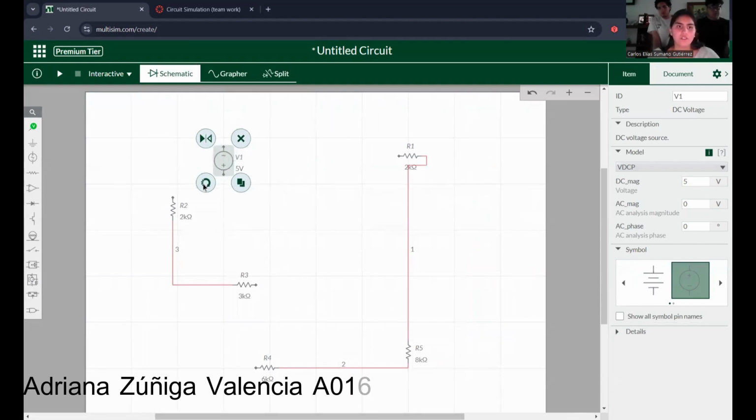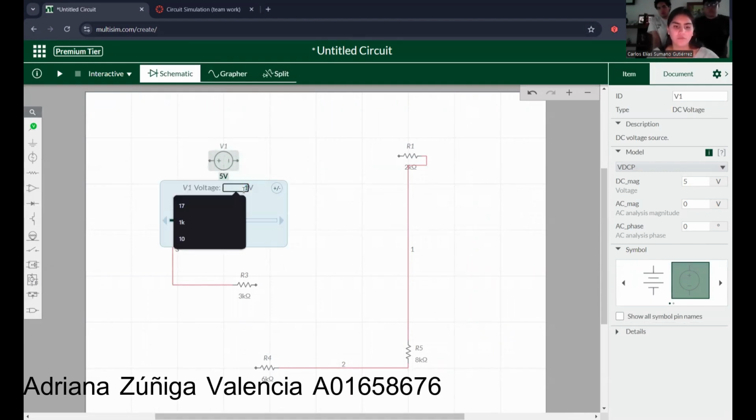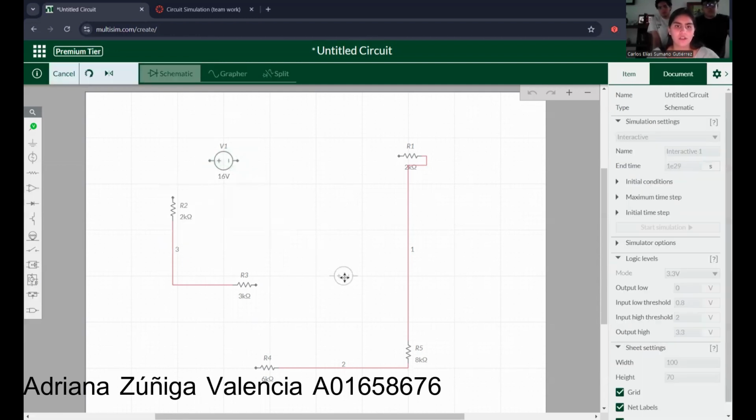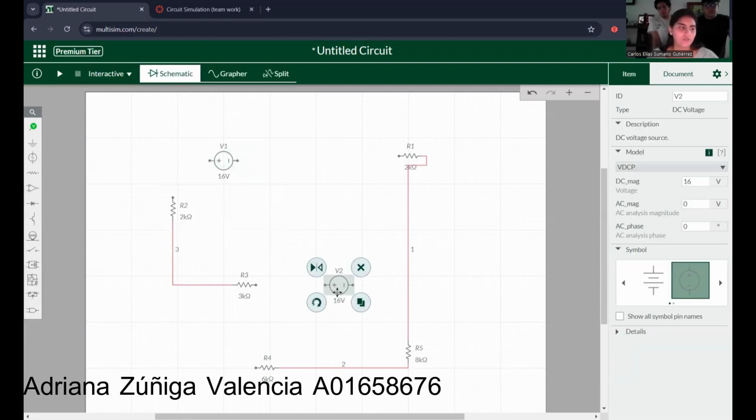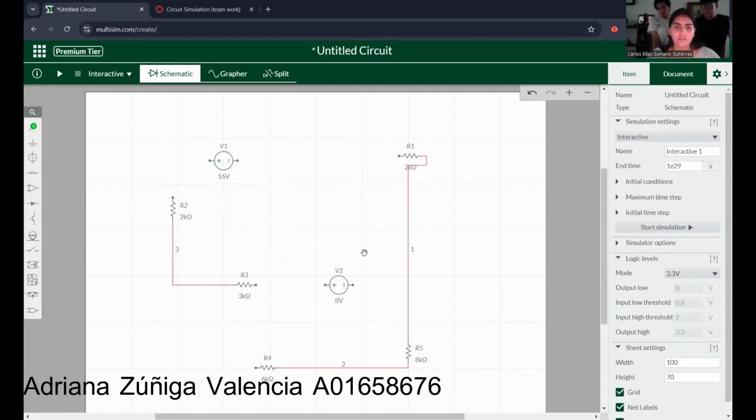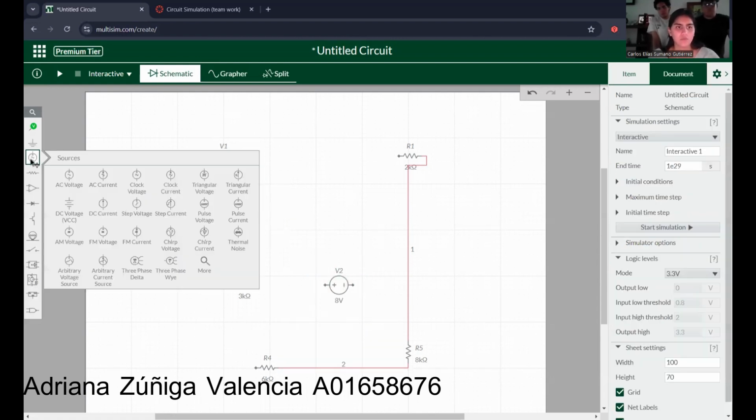The first voltage source will have a value of 16 volts, and the second one will have a value of 8 volts. Next we have to get an independent current source.